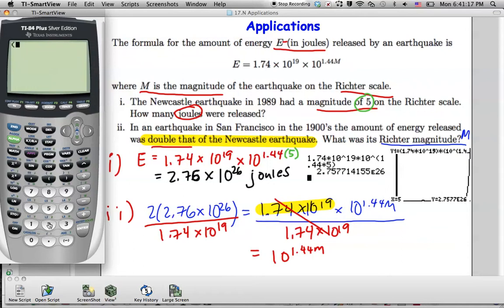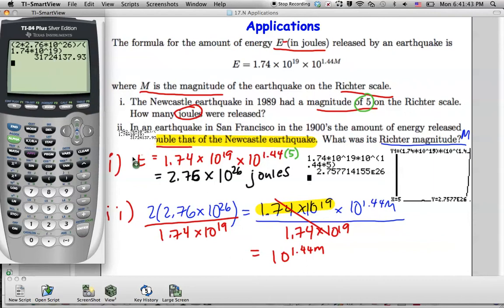So we have 2 times 2.76 times 10 to the power of 26, and that's all being divided by 1.74 times 10 to the power of 19.